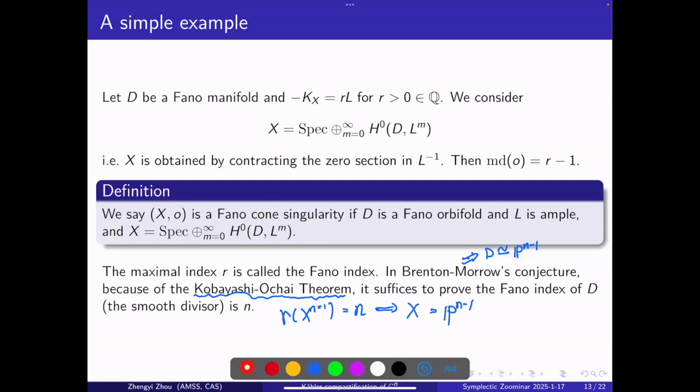So the game is to compute the Fano index of the divisor at infinity, but the Fano index will be related to minimum discrepancy and first Chern number, and then to symplectic geometry. That's morally what's going on here.